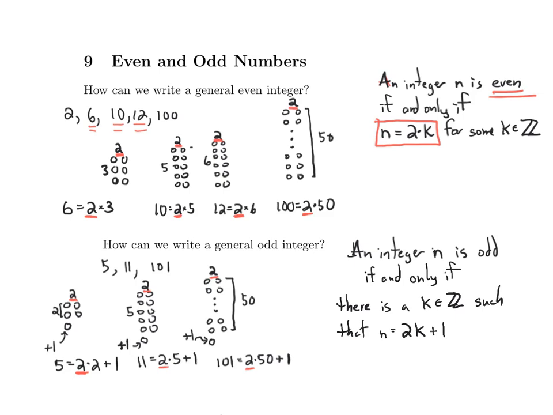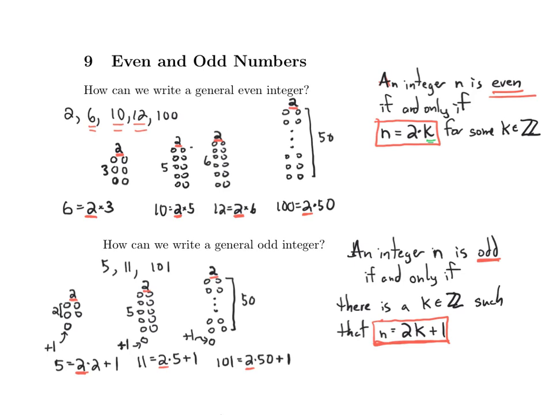And again, this is going to be really important. We will bring up even and odd integers all the time, and you'll have to know how to write them in general algebraically. So remember that. You need to be able to write n equals 2k for an even integer. And remember to tell people what k is. k is some other integer. A good rule here is whenever you introduce a variable or a symbol, tell people what it means.